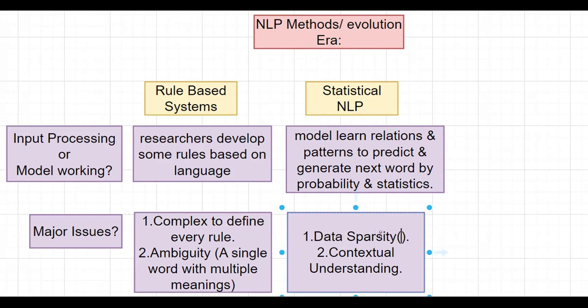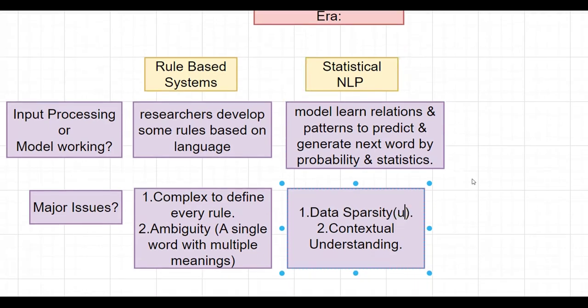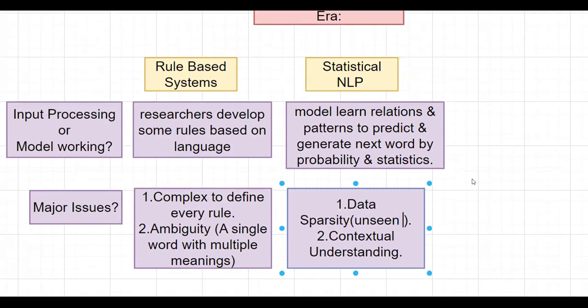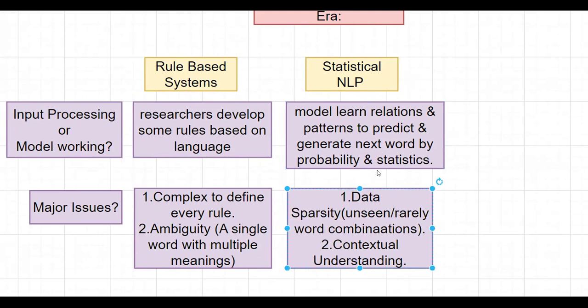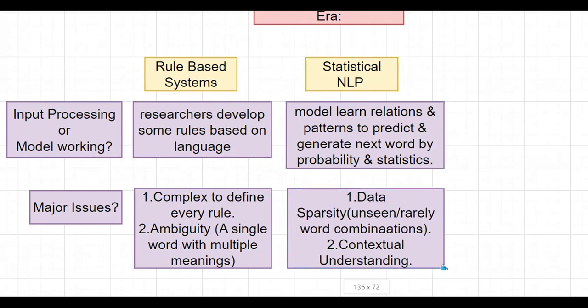Whenever we provide a word, or data, that is unseen by the model, unseen or rarely seen word combinations, the model will obviously predict a response, but that prediction goes wrong mostly because the input was unseen or seen very rarely.